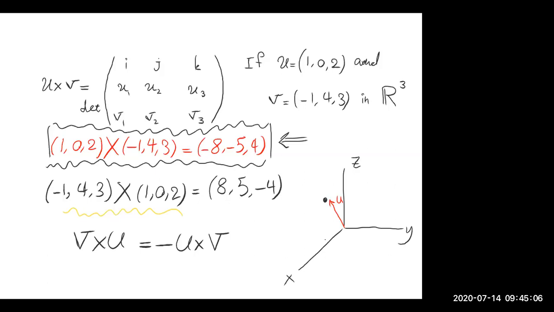What is v, the second vector? It goes in the negative direction by 1, then in the direction of y by 4, and then it goes up by 3. It's -1, 4, 3. If we connect the origin to that point, we would get v. Now we want to find the direction of u cross v. My index finger should point towards u, my middle finger towards v.